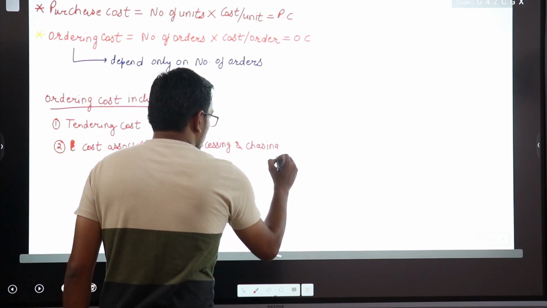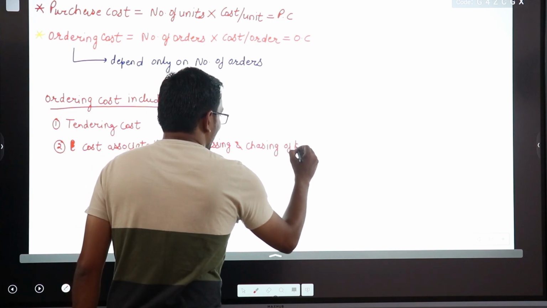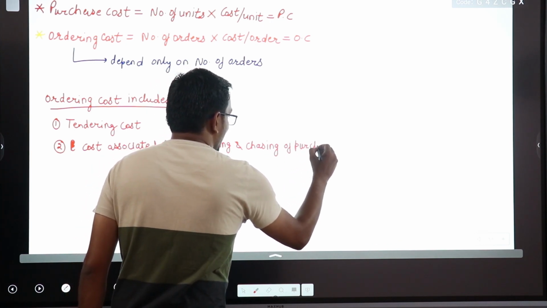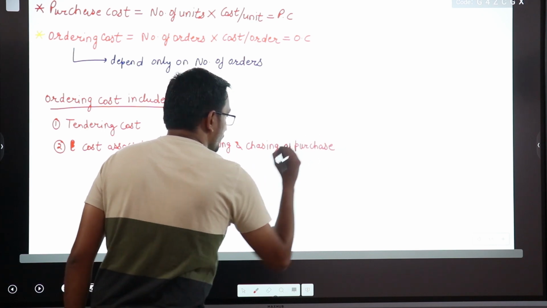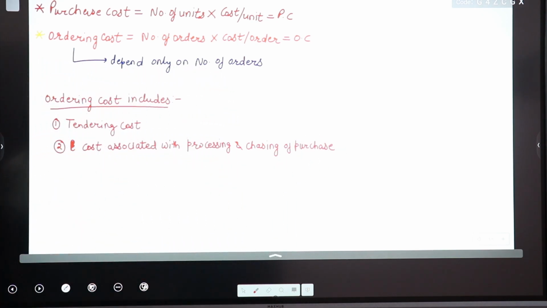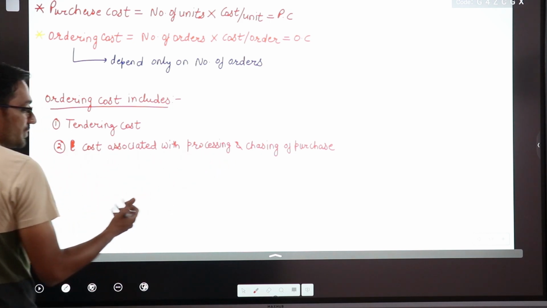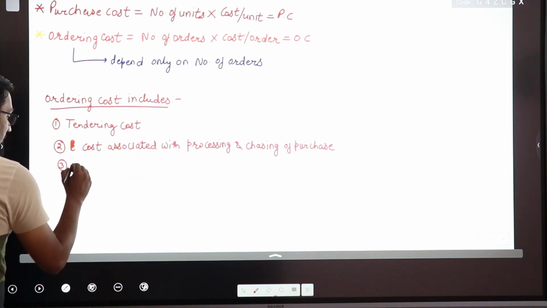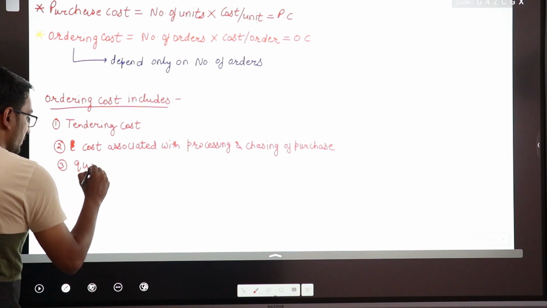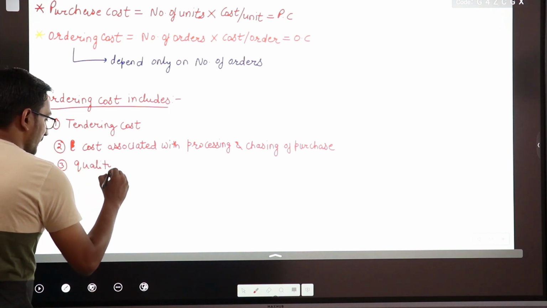Once you place an order, you have to chase that order so that it will reach your industry on time, right? You need the inventory on your hand on time, so that is the chasing cost. Third one, quality cost, quality inspection cost.